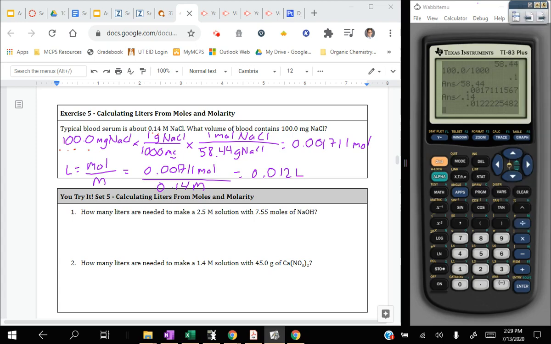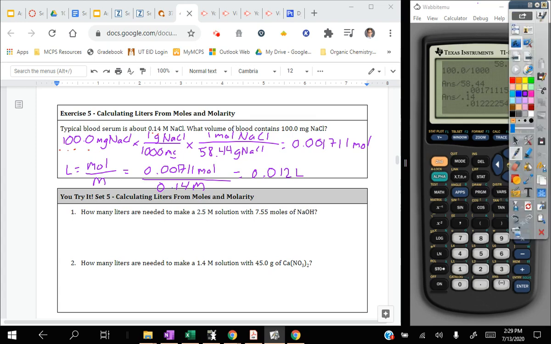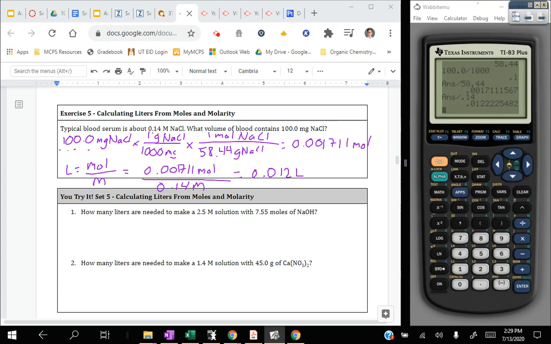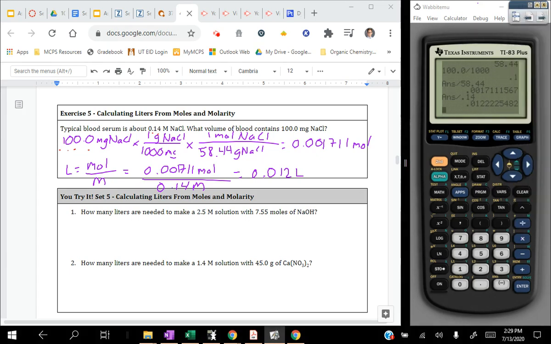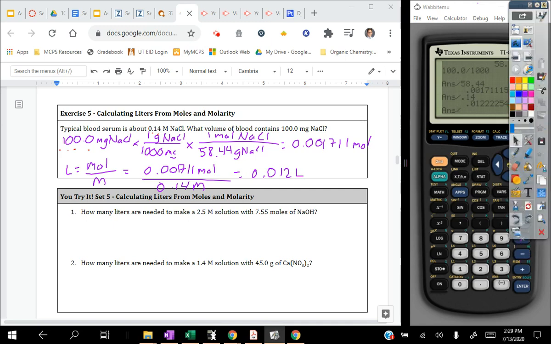Now, that's kind of hard to interpret because 0.012 liters sounds very small. If we multiply our liters by 1,000, sorry, here.